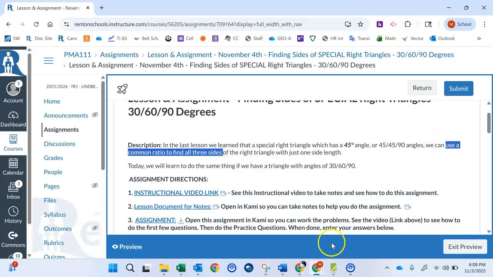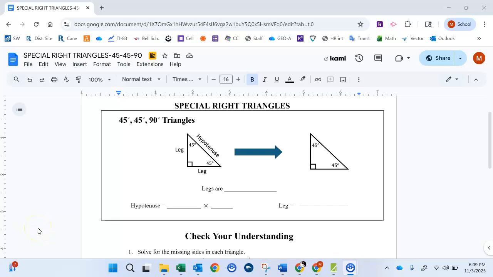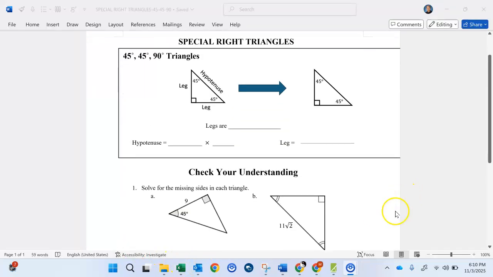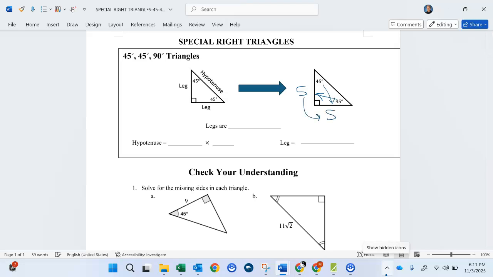I don't know if you remember, but we learned yesterday that if we have a leg, let's just say it's 5, the other leg is also going to be 5, and the hypotenuse is going to be one of these legs, 5, times root 2. So the hypotenuse is equal to the leg times root 2. But that was yesterday, right? You're going to have some review questions on that.